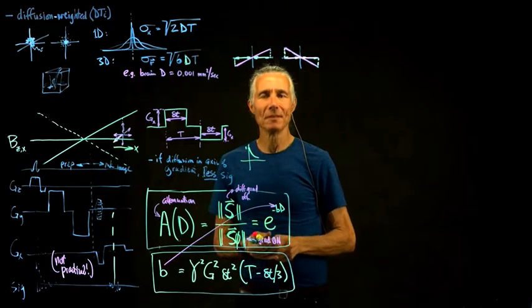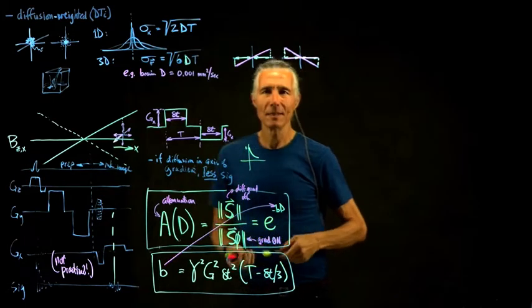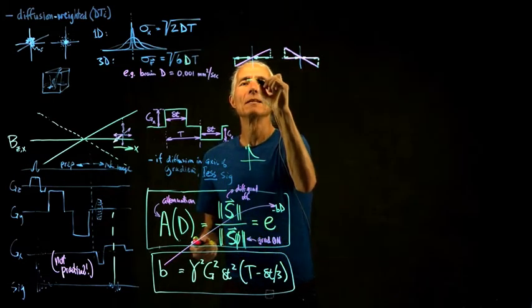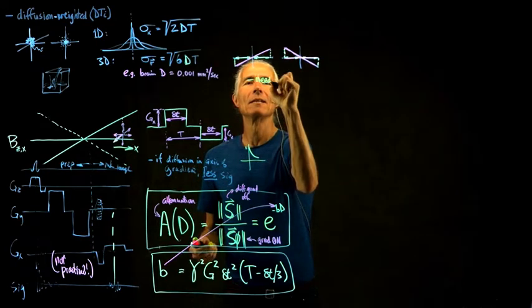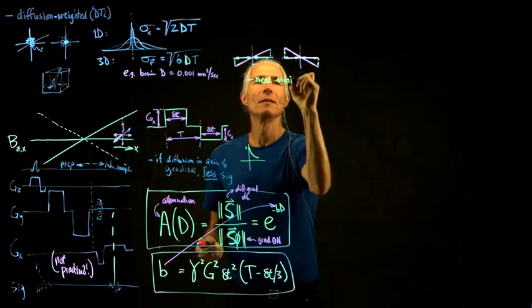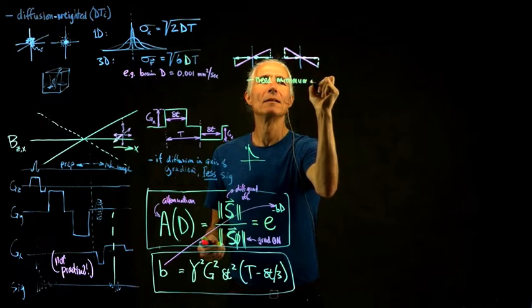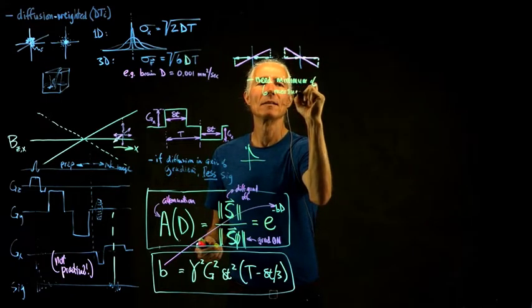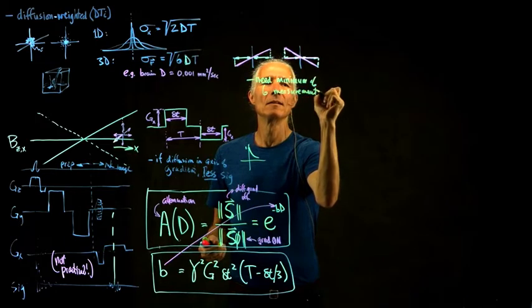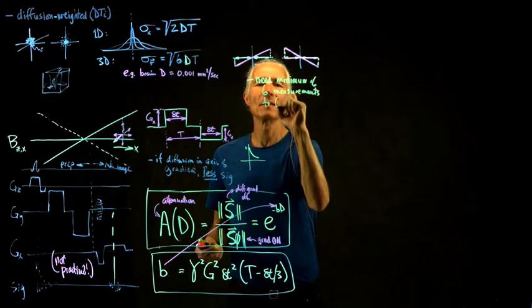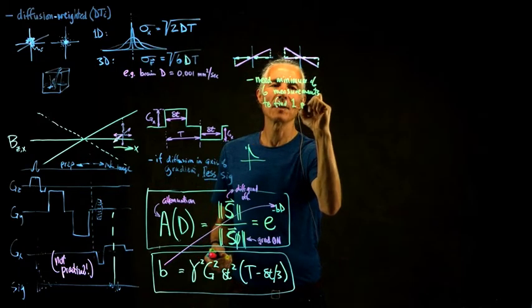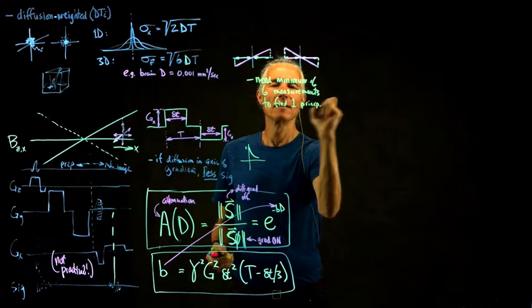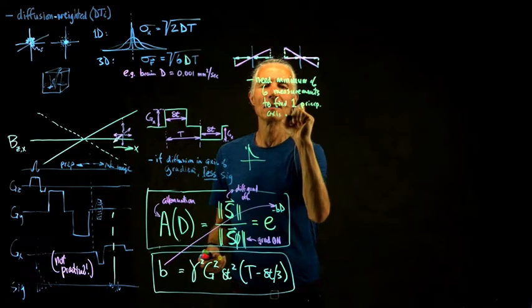So we need a minimum of 6 measurements to find one principal axis of diffusion.